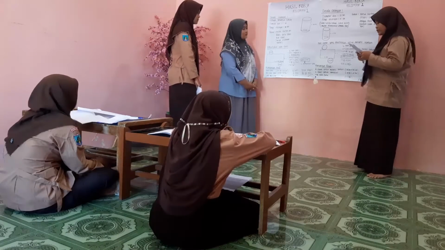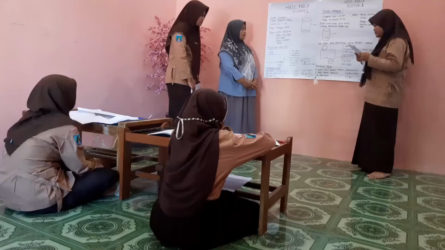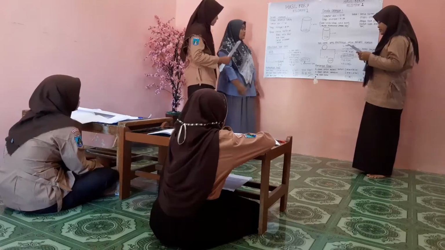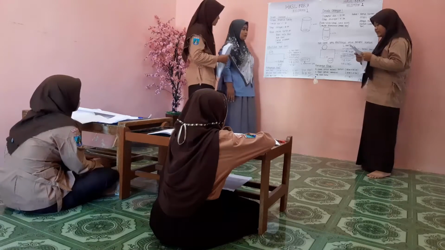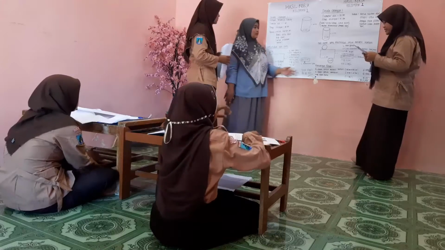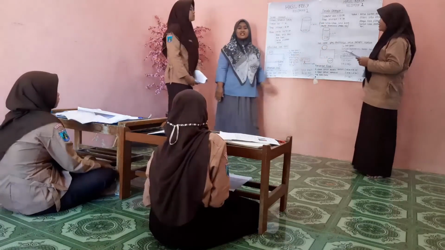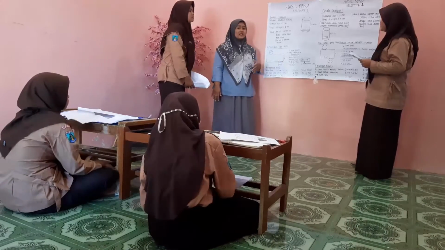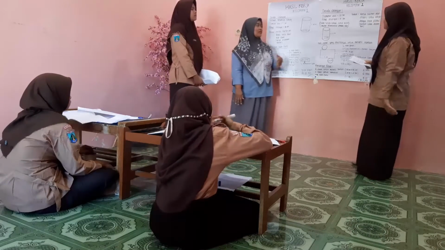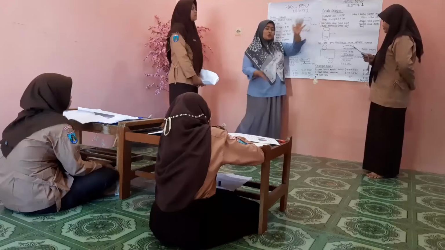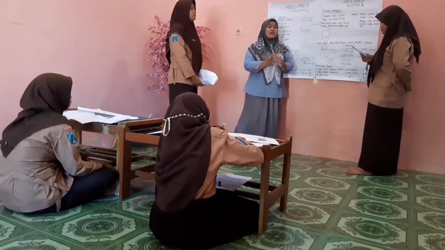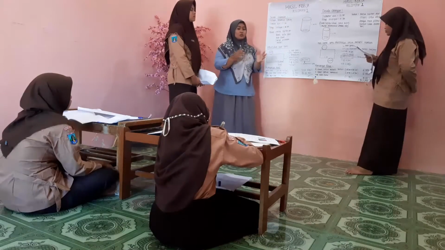According to the group, we choose a size with a base diameter of 10 cm and a piggy bank 15 cm high. This is it. Yes. Okay, guys, please get attention. The group tried to choose a different design, which is not too tall, not too small, and not too big.